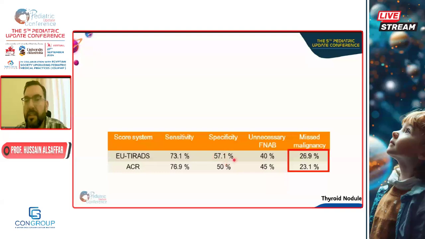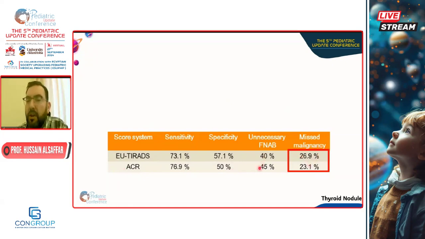The specificity is not that great. Therefore, there are missed malignant cases, about 26.9% if they applied the EU TIRADS. And similarly, for the American College of Radiology, 23.1% of the patients could have had missed malignancy.